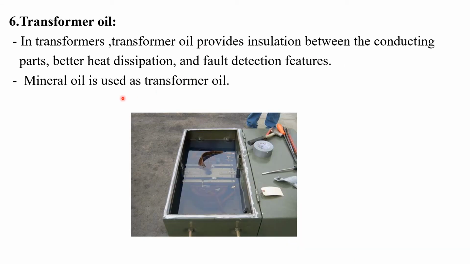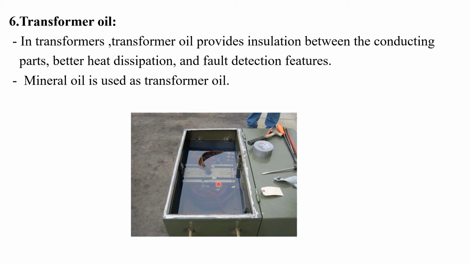Sixth important point or requirement, that is transformer oil. It is one of the major requirements for oil immersed transformers. We know that the function of the transformer oil is to provide necessary insulation between the conducting parts, means provide necessary insulation between the windings, and they are used for cooling purpose.